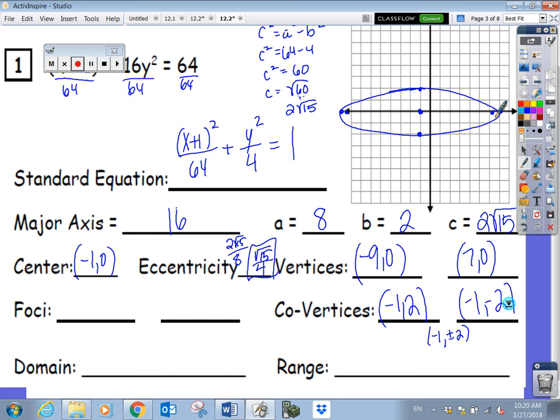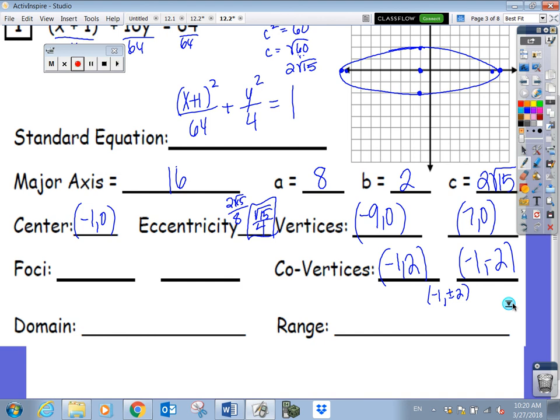So now, the way we write those foci, we don't know exactly what that point is, so we can't write exact numbers. We don't have a calculator. So we started at -1, and we went to the left, so we subtracted 2 root 15. We started at -1, and we added 2 root 15.